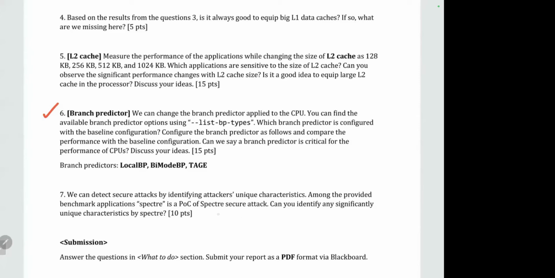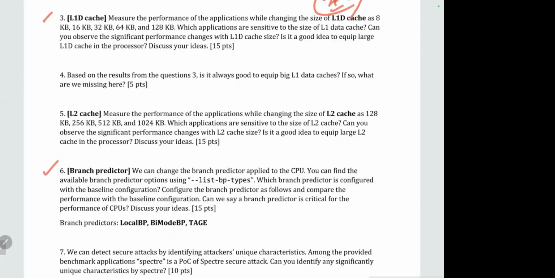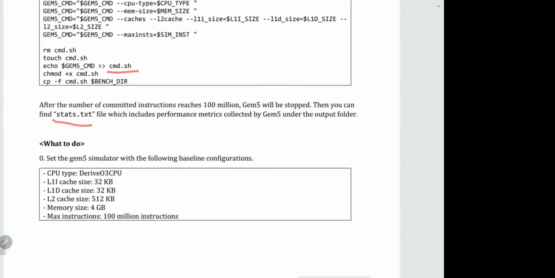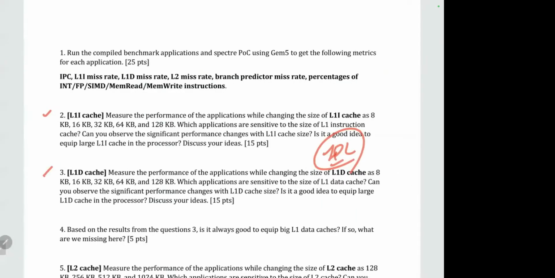You can find specific performance metrics or characteristics of the Spectre PoC, and then you can detect security attacks similar to Spectre attacks. Okay, so this is the brief explanation about the last assignment.